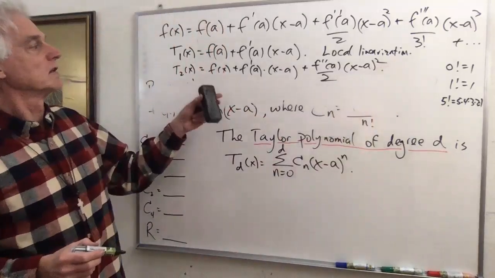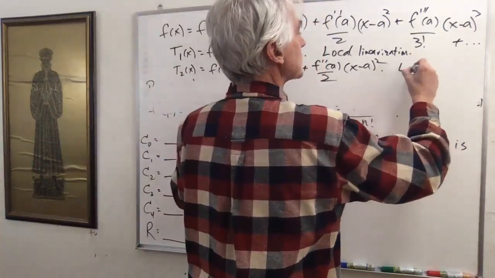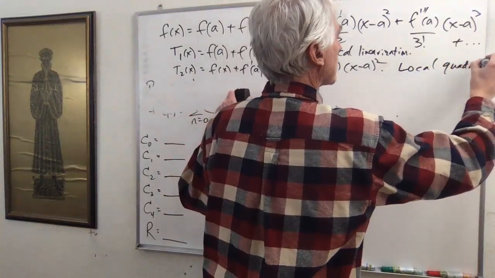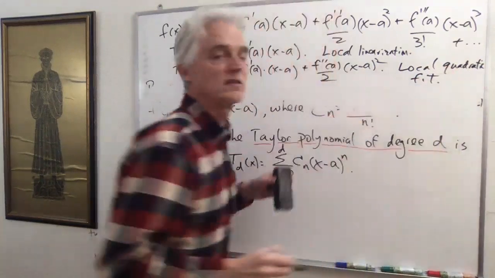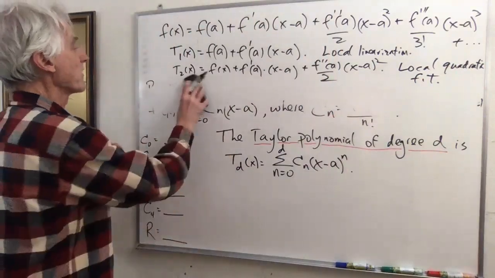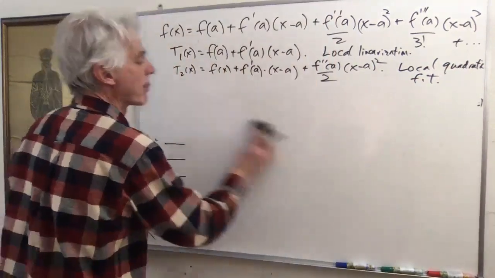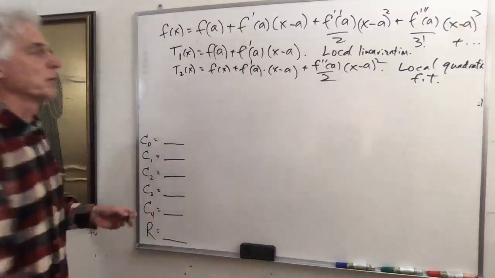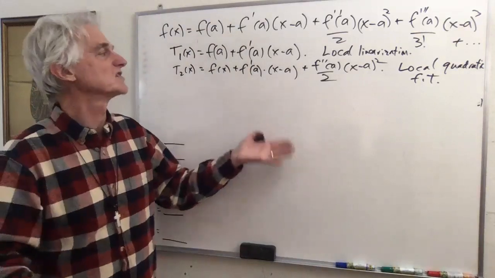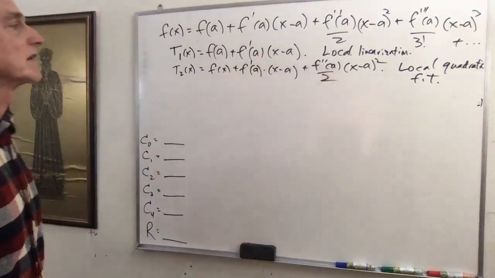This is a local quadratic fit. It's not the best linear function, but it's the best quadratic fit. So if you're near x equals a, this is the best quadratic function, the best parabola. It looks a lot like the graph of f. In fact, tomorrow we're going to use this to approximate the square root of 101, say. Local linearization is pretty good, but this is just really awesome. We'll see that next time.